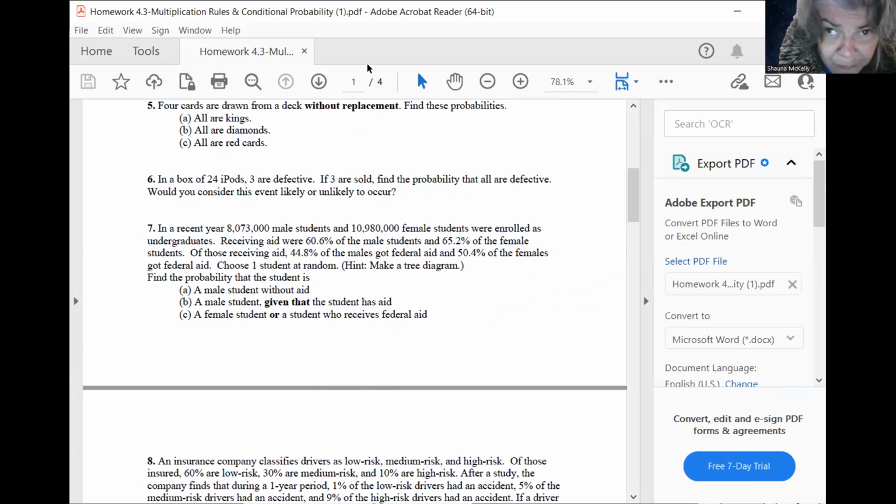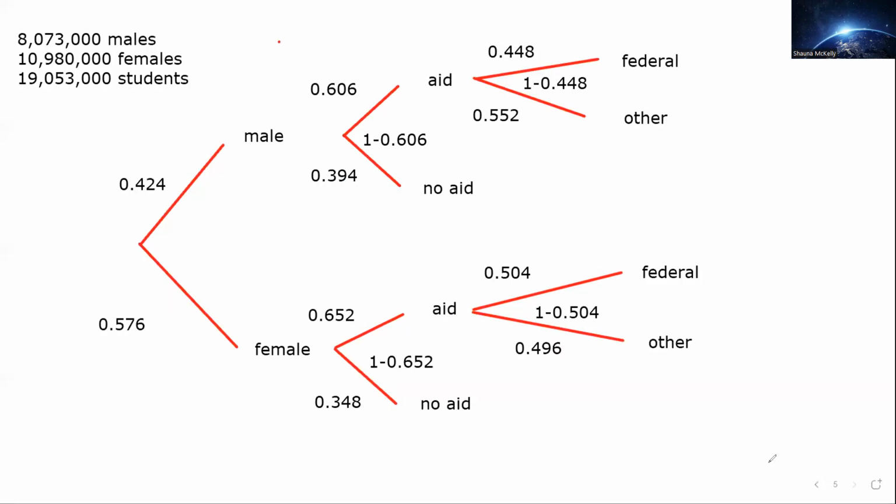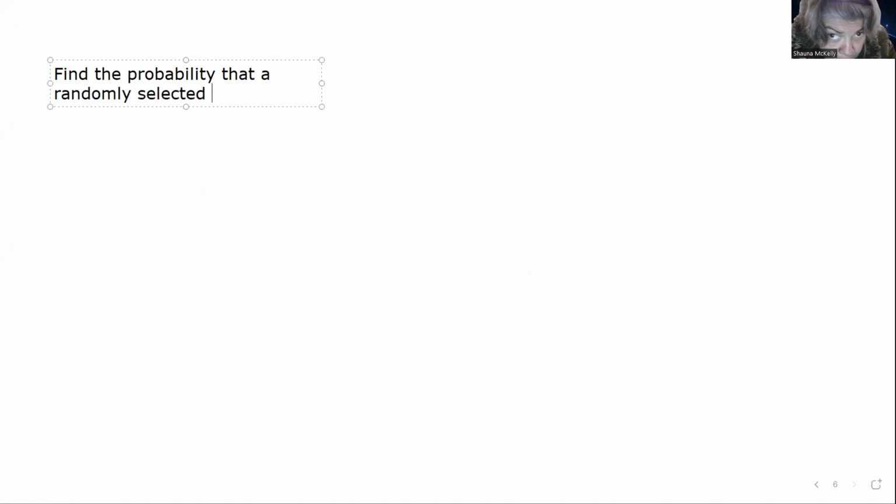So here we're going to do, I'm going to go to the whiteboard and I'm going to say, I want to find the probability that a randomly selected student is a male without aid.